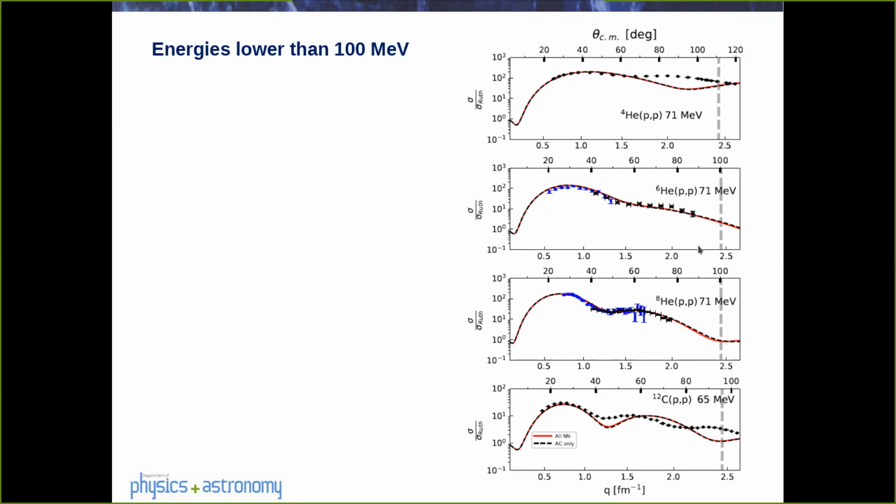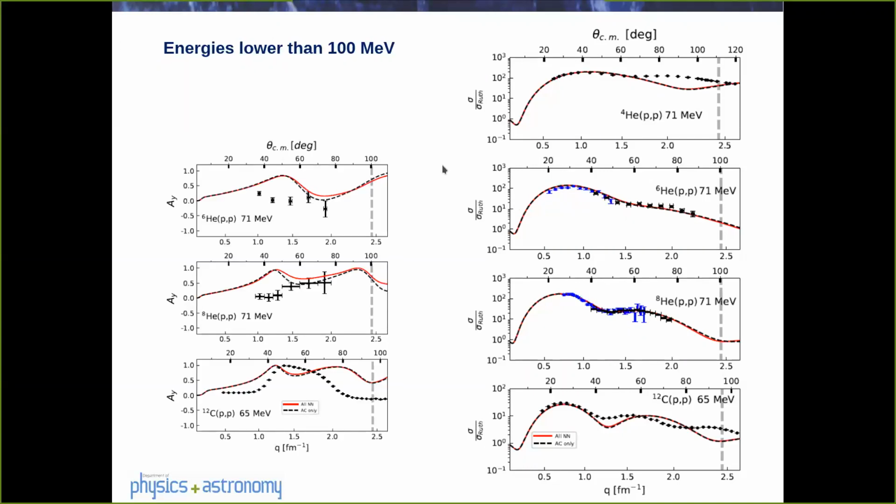We were very surprised that actually the magnitude of the cross sections is predicted correctly. It's a parameter-free prediction. We were somewhat surprised because 71 MeV is below my comfort level in the energies we should look at.